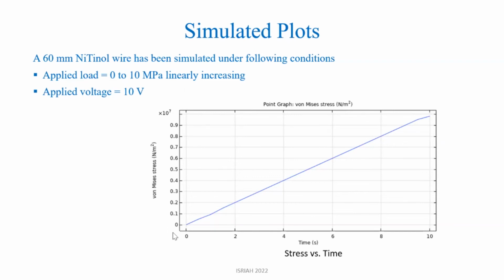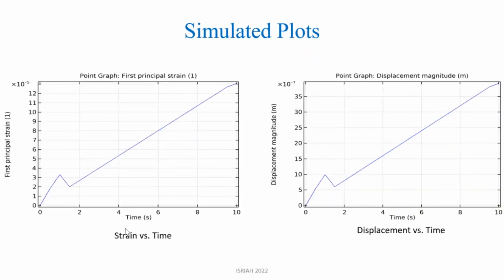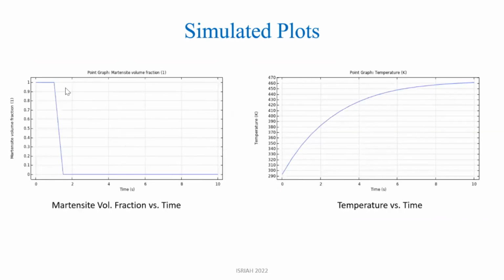We got this kind of plot of stress versus time. See, that is not fully linear. There are some plateau-like peaks here. We have also got these strain and displacement curves, and the martensite volume fraction versus time graph. The temperature curve is more or less the same.